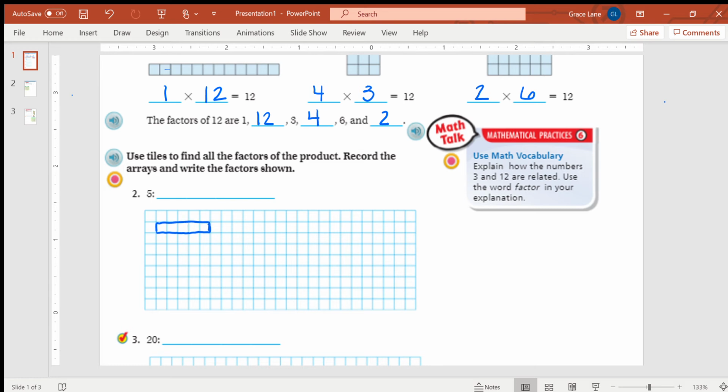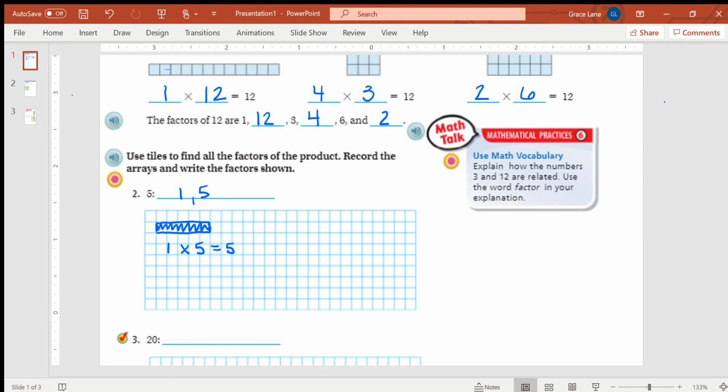So one row of 5 would equal 5. That's one array, or one rectangle, that equals 5. Now I know that 1 times 5 is 5, and the factors of 5 are 1 and 5. Then you'd try to think of another array you could make using different numbers. However, I will tell you the only factors of 5 are 1 and 5.